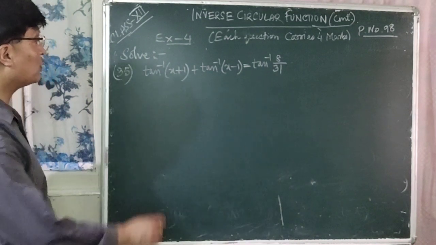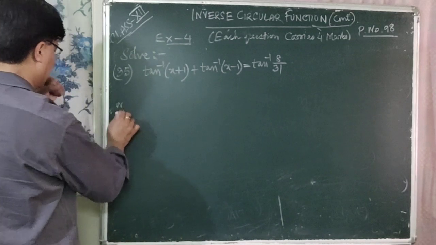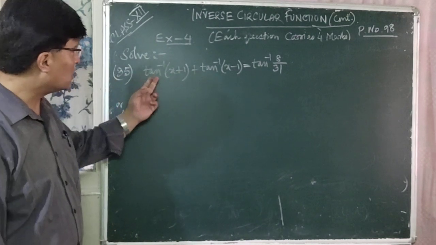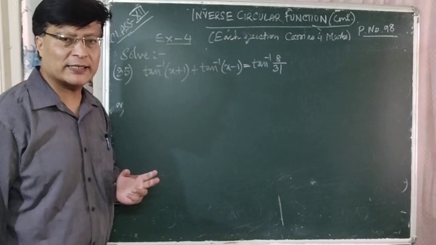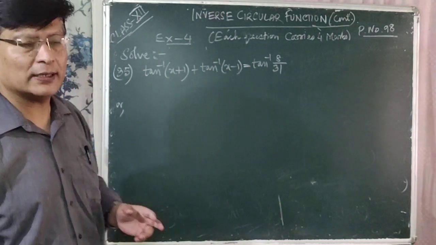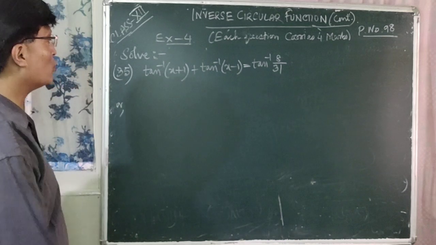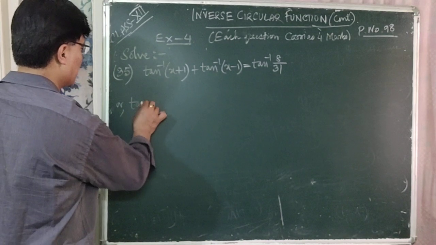So first of all, you have to simplify it. Now this is tan inverse x plus tan inverse y. x plus 1 you can take as x, and x minus 1 you can take as y. So what is the formula?